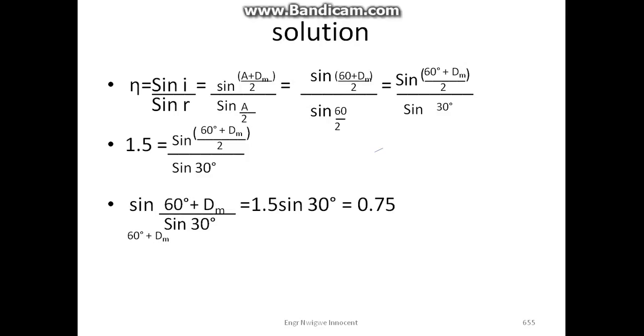Taking sine to the other side, making this sine inverse of 0.75, we have (60 degrees plus Dm) over 2 is equal to 49. Making Dm the subject of the formula, we now have 98 degrees minus 60, which gives us 38 degrees 55 minutes.